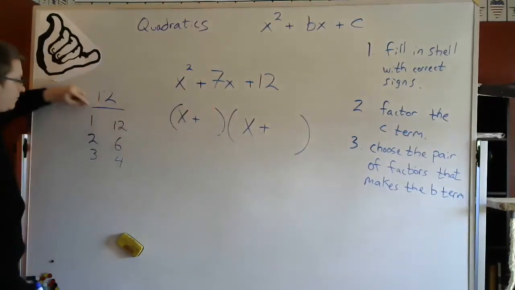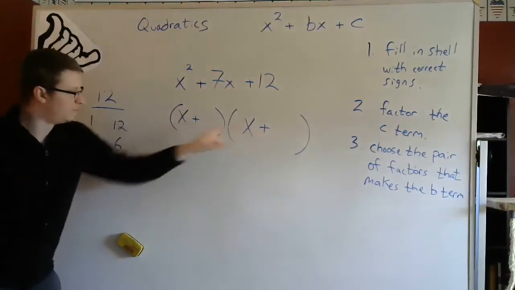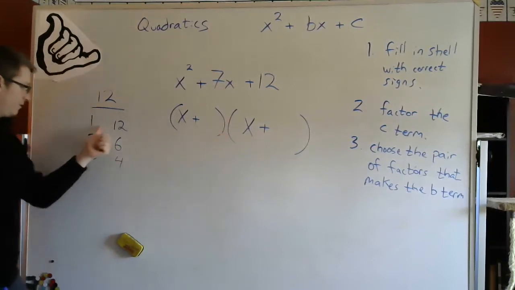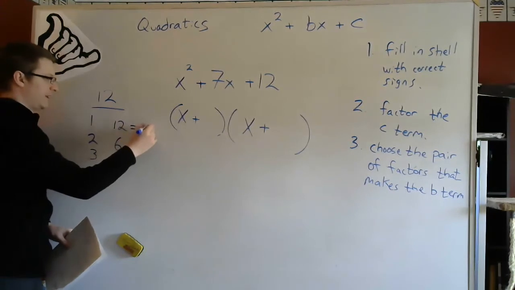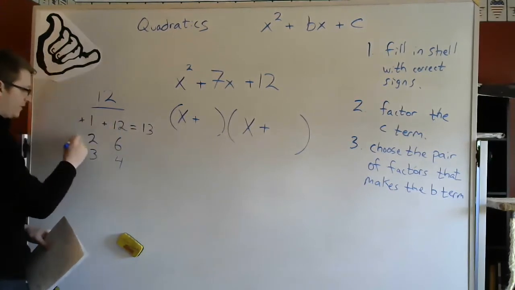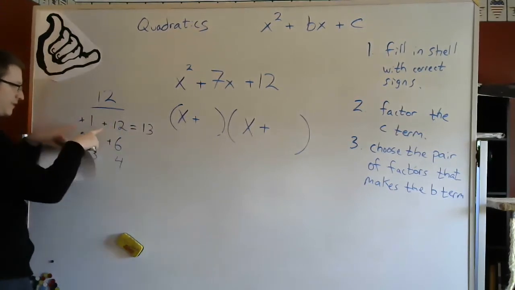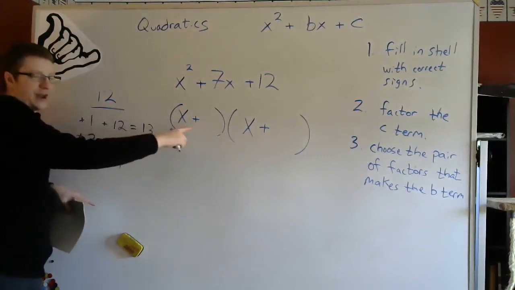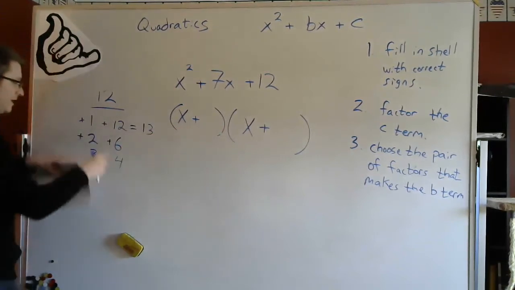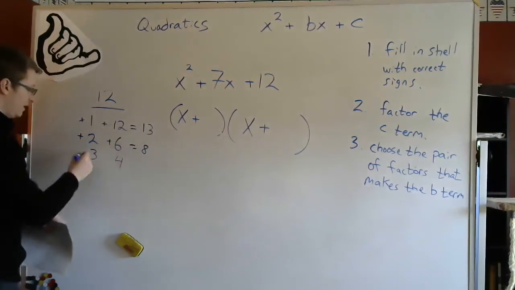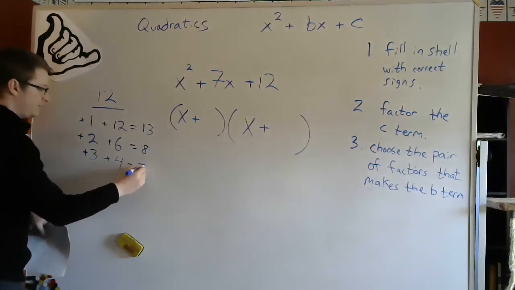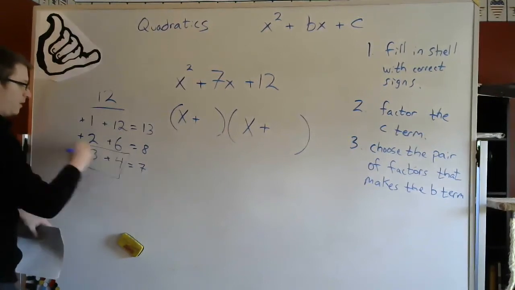Do you see any way that we could add both of these things together to get 7? Well, if I add here, I get 13, right? If I take positive 2 plus 6, and again, these plus signs here, they're coming from the fact that I know my signs here have to be plus. So positive 2 plus 6 gives me 8. Well, that's not 7. And positive 3 plus 4 gives me 7. This is the pair that I want.